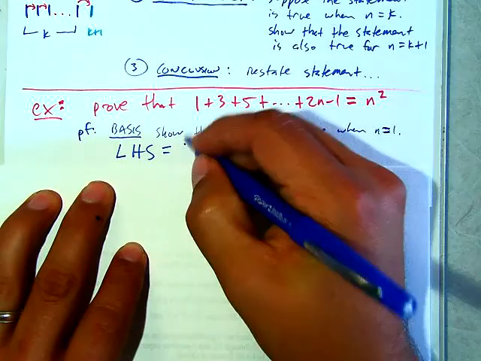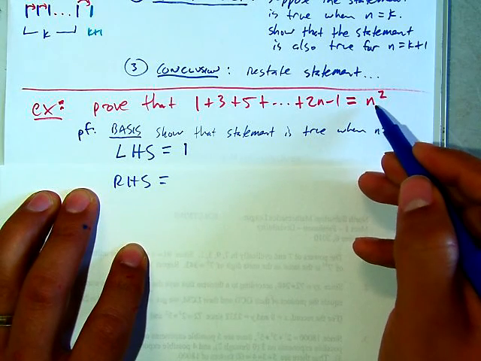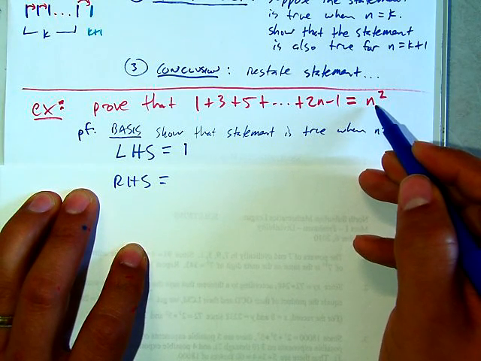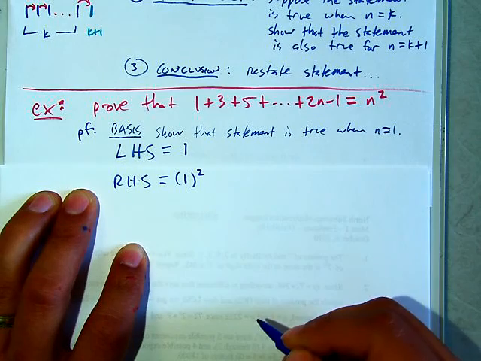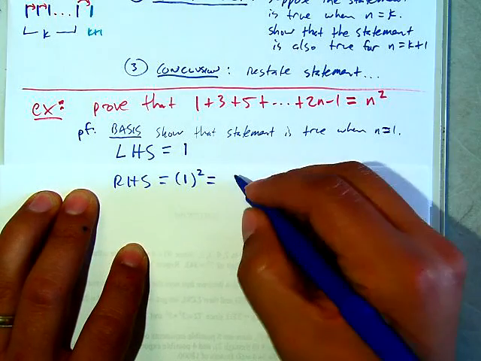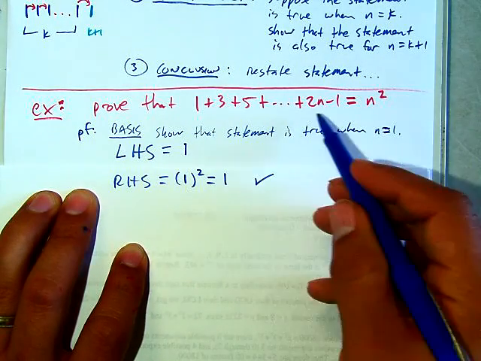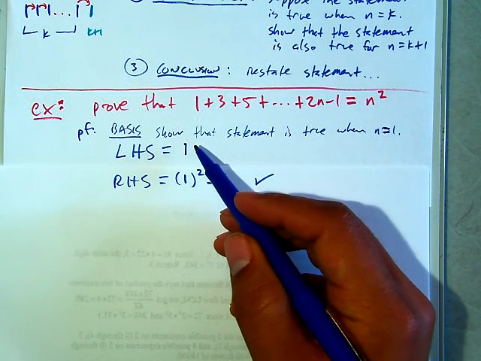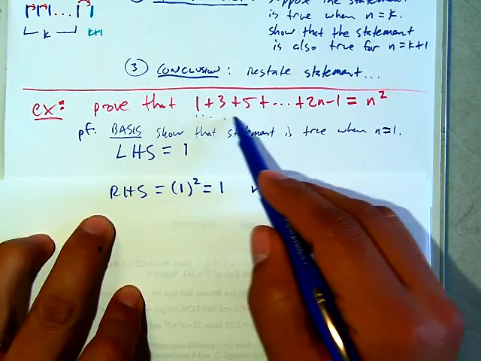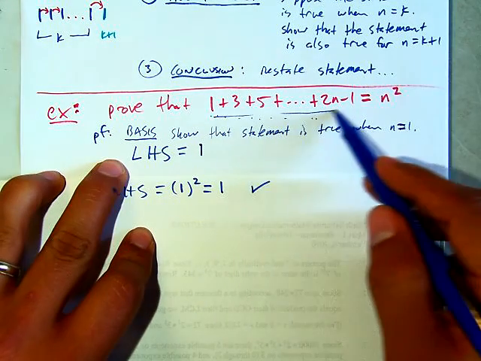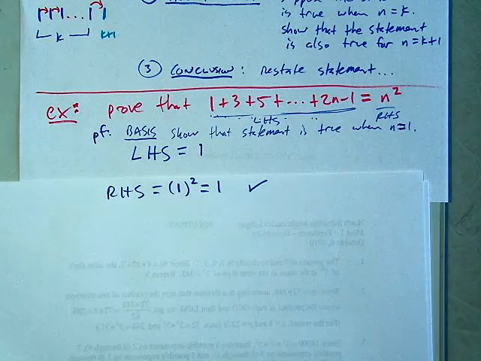Yes, very good. On the right-hand side, not that you would, but the other option is to take however many odds you got, which in this case is 1, and square it, and the result is 1. So we've established that this pattern works at least for the first case. Does that make sense? Left-hand side is right here, right? Left-hand side, right-hand side. Okay?